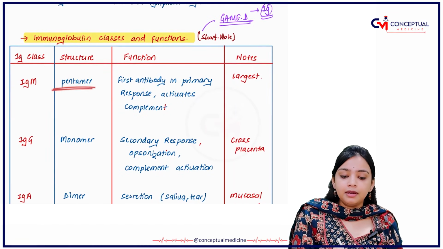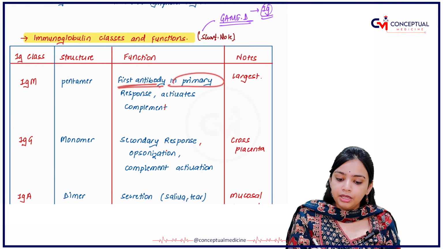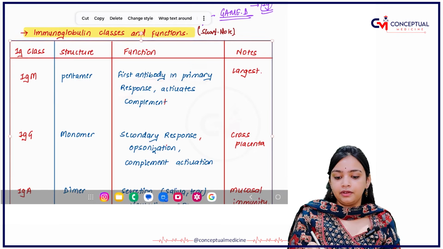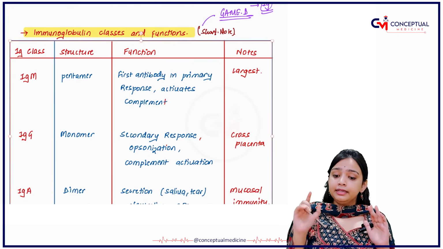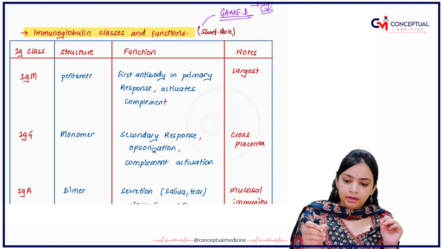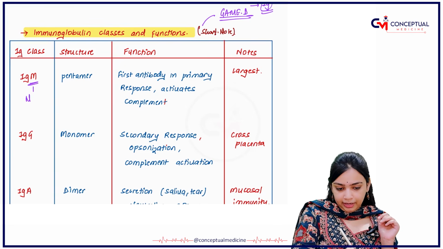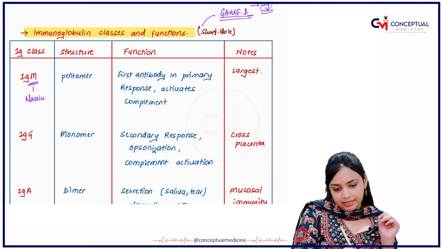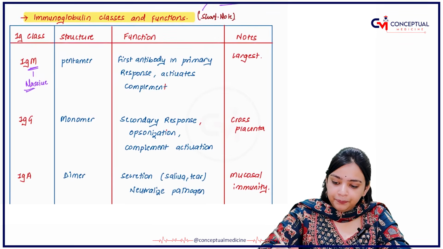IgM is a pentamer in structure, and it is the first antibody in the primary response that activates the complement system. And it is the largest. Remember, M for massive. Next you have the IgG.